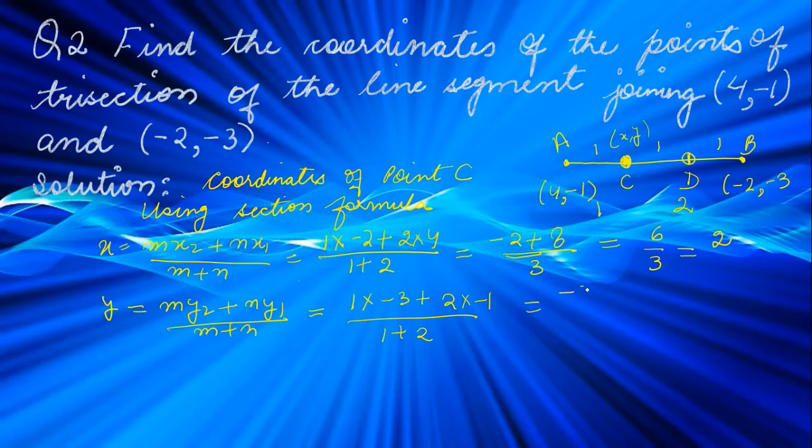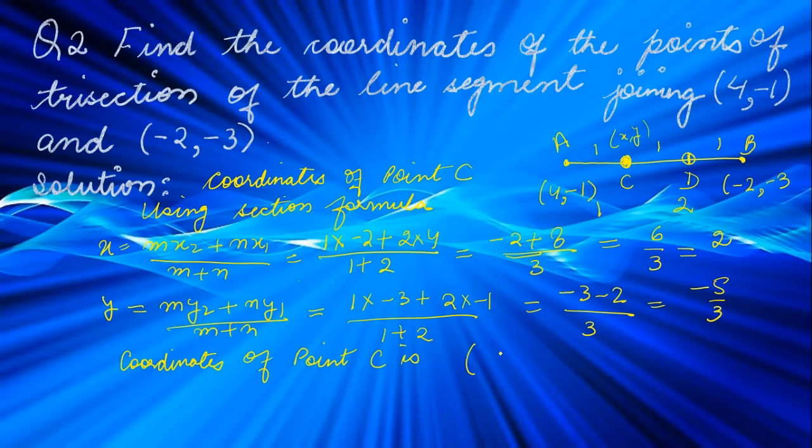So it will be (-3 minus 2) upon 3. So it is -5 upon 3. So the coordinates of point C are (2, -5/3).